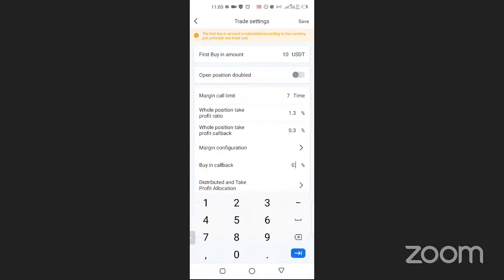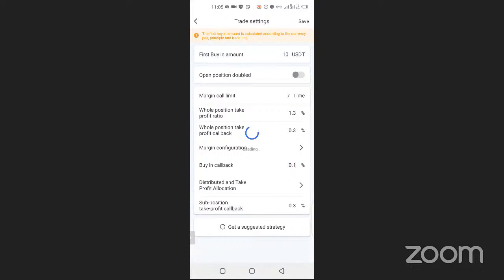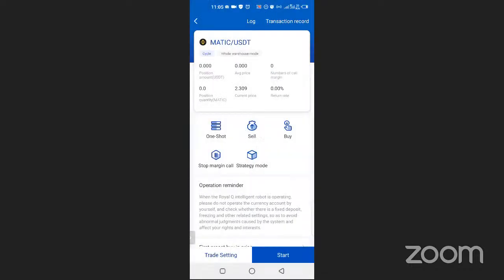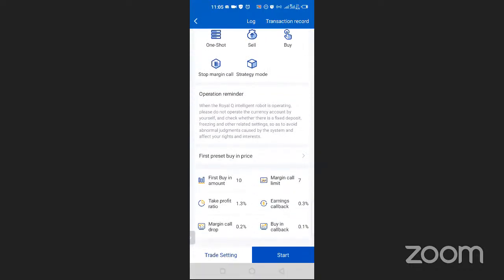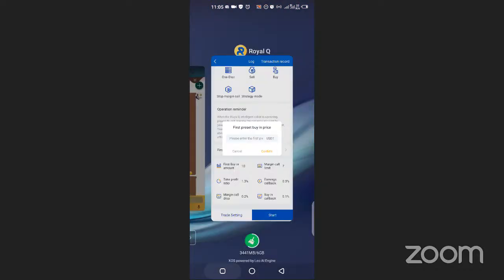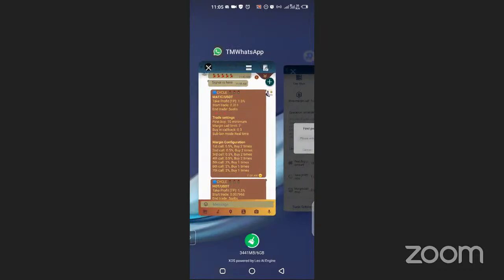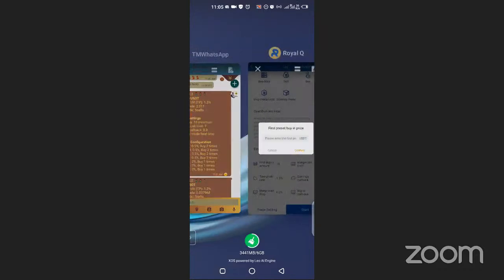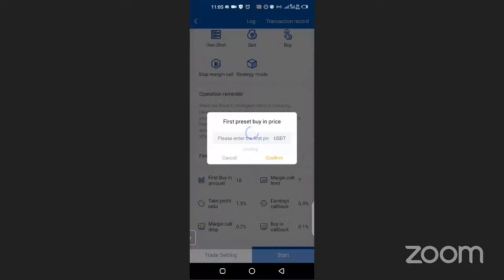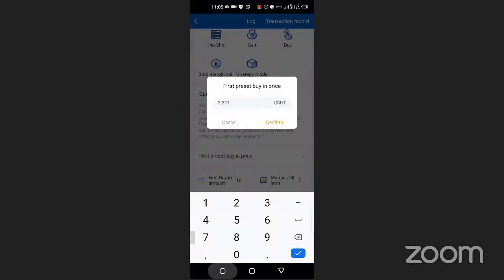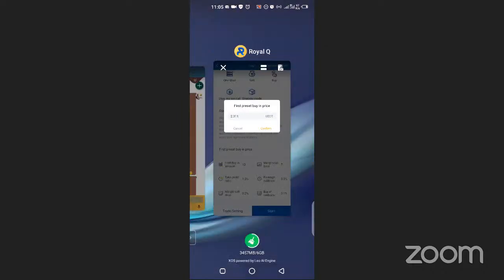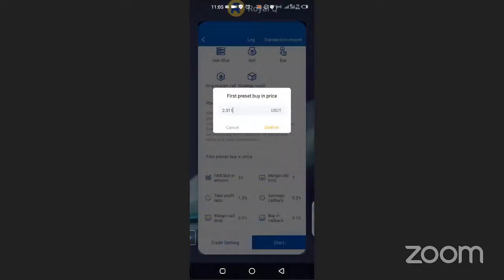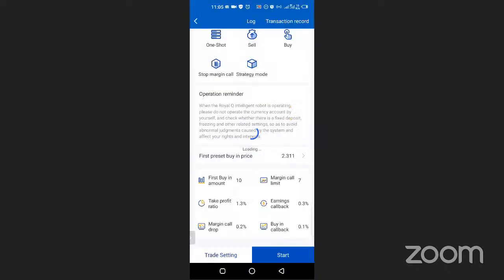Now I'll do 0.1 because mine is 0.2. Then I come here at the entry price. It says the entry price should be 2.311. Am I right? 2.311. Then I confirm.